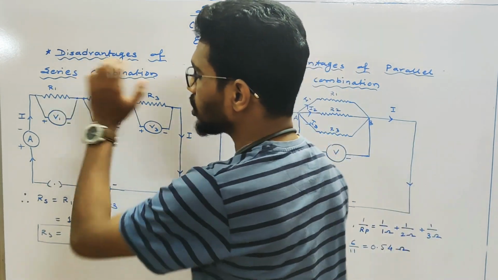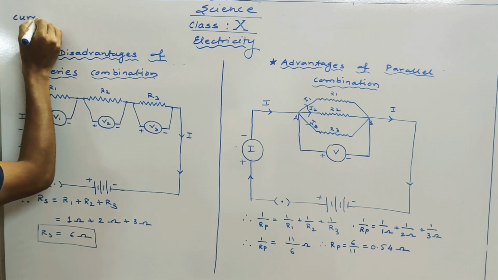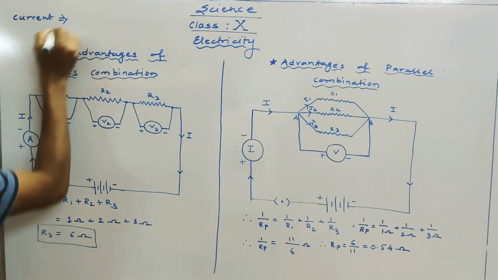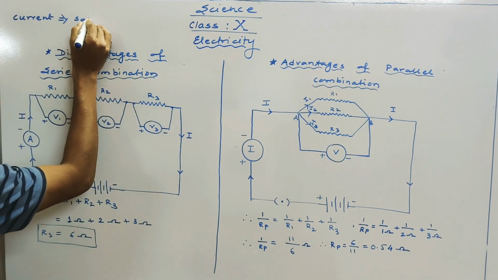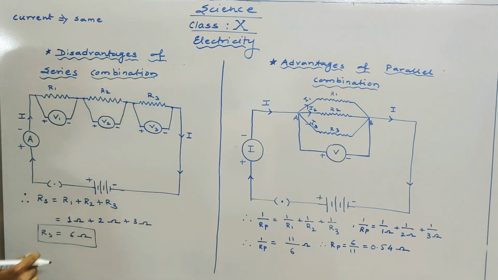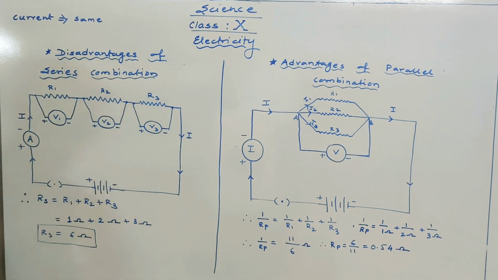So talking about series combination, the current passing through all the resistances R1, R2 and R3 is the same, but R1, R2 and R3 have different values, that is 1 ohm, 2 ohm and 3 ohm.